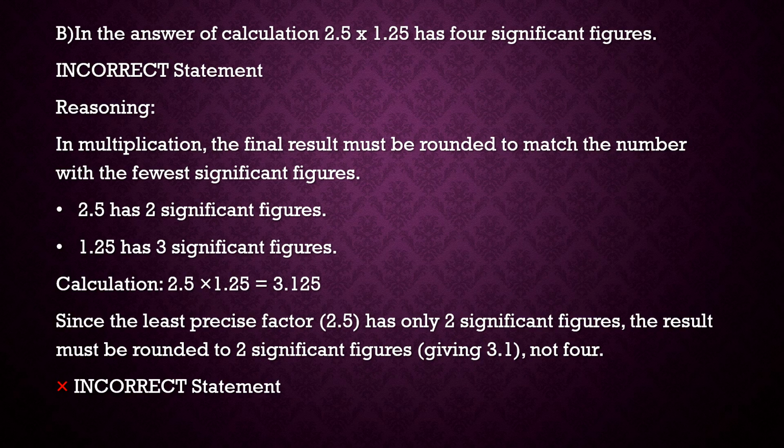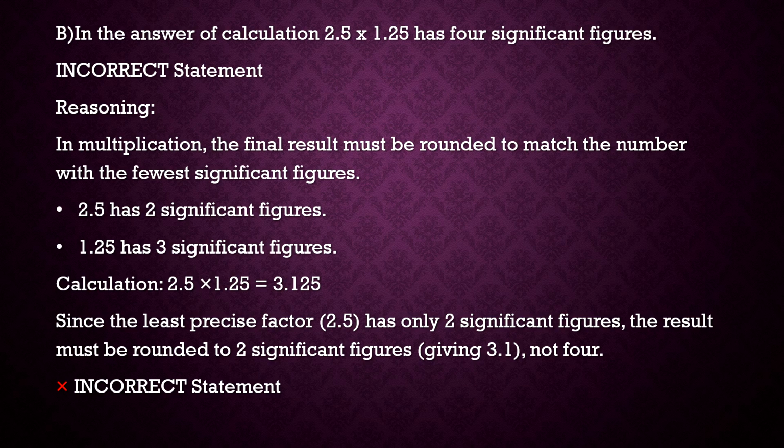The next statement is that the answer of the calculation 2.5 times 1.25 has four significant figures. It is an incorrect statement. Why? In a multiplication, the final result must be rounded to match the number with the fewest significant figures. This is a very tricky statement. When we calculate 2.5 times 1.25, the answer is 3.125.